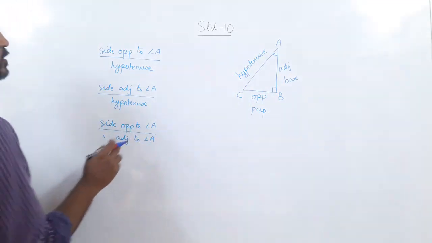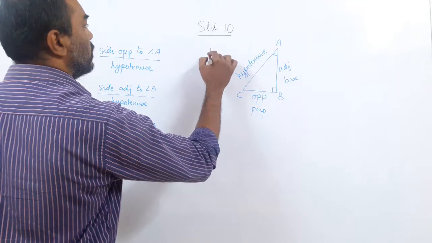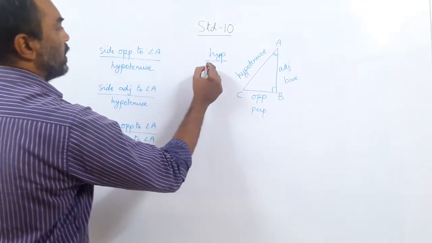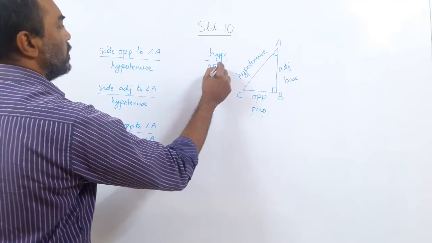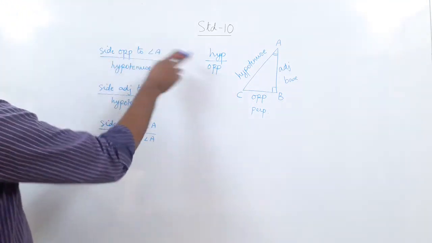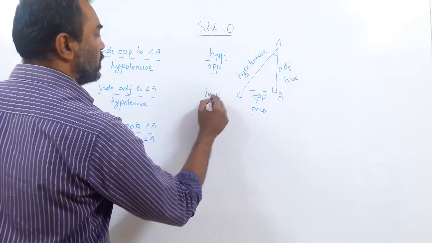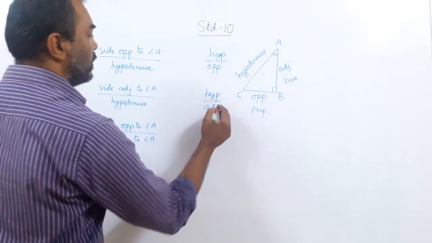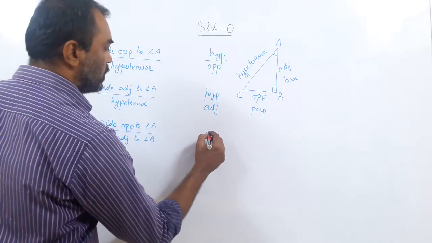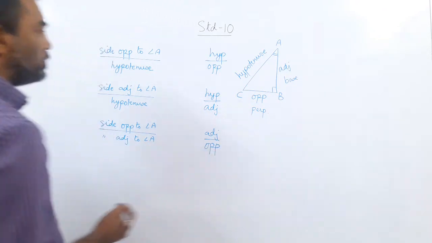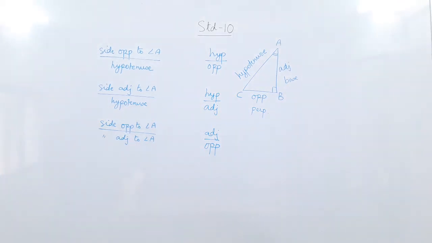So these are three. Then the reciprocals: the ratio of the hypotenuse and the opposite side, just the opposite. Now remember, opposite means opposite to angle A. Or the ratio of the hypotenuse and the side adjacent to angle A, or the ratio of the side adjacent to angle A and the opposite side. So the three sides gave us 6 ratios.